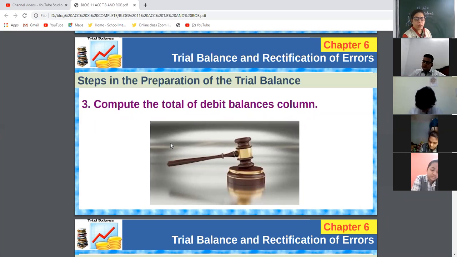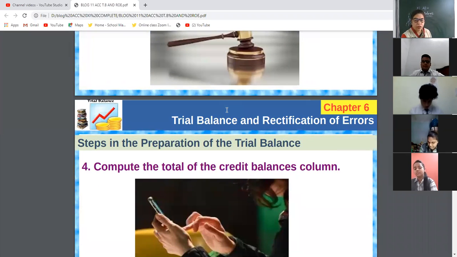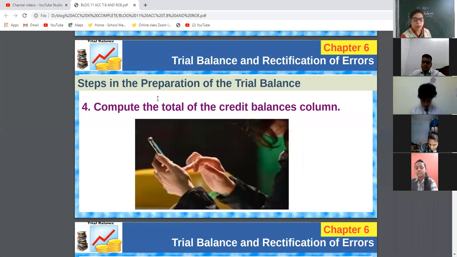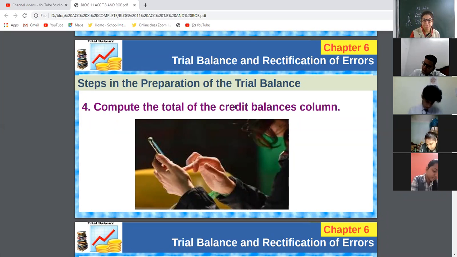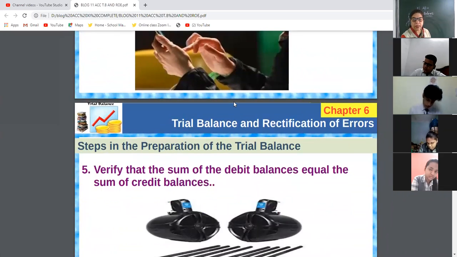Third step, total of debit balances column. Fourth step, compute the total of credit balances column. First total the debit side, then total the credit side.